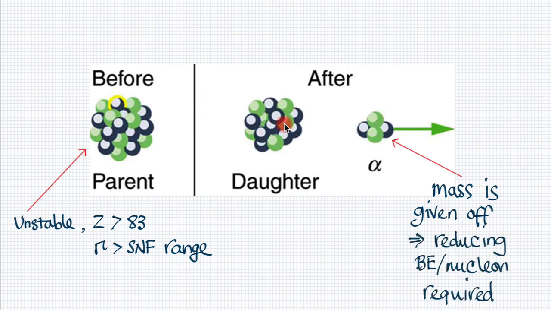So this also causes the binding energy per nucleon required to decrease, which also contributes to the stability of the nucleus. Now, we looked at that binding energy per nucleon graph in a previous video, so if you need to go back to that, have a look at it and have a think about it.